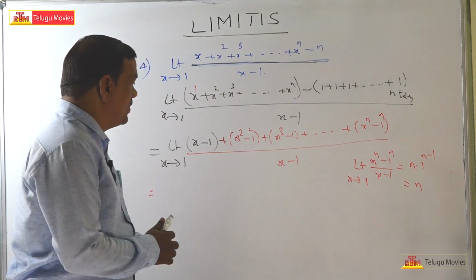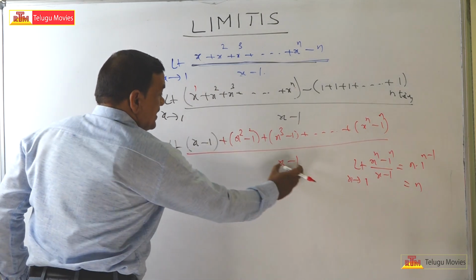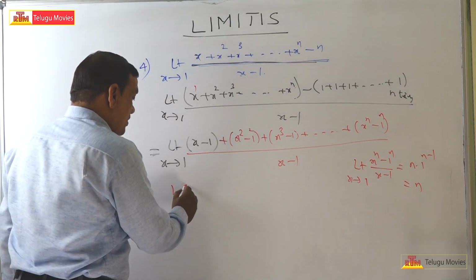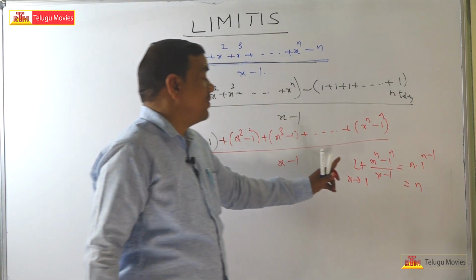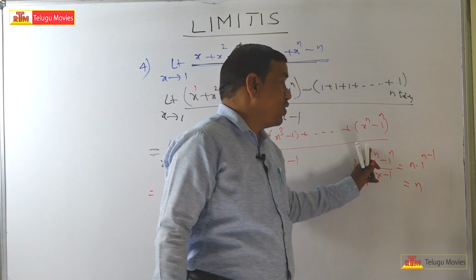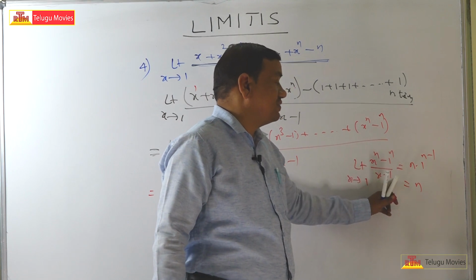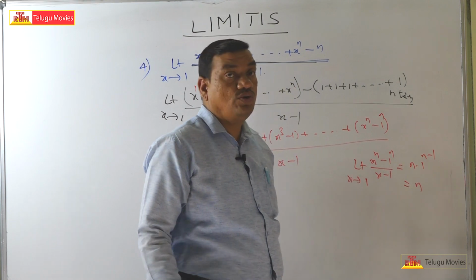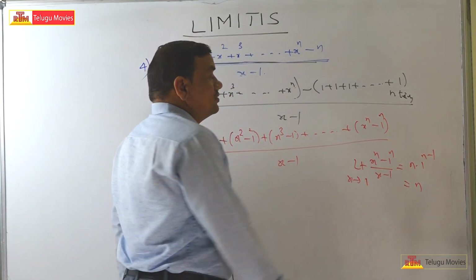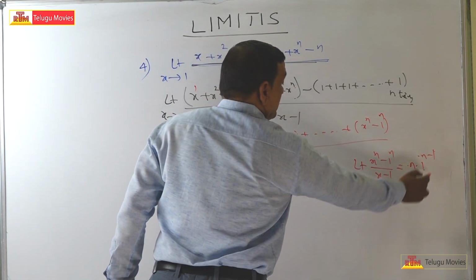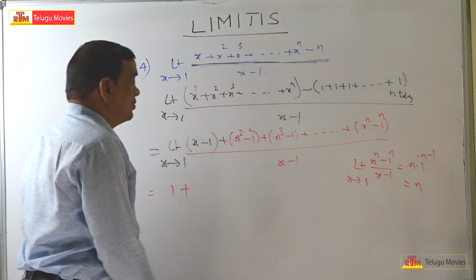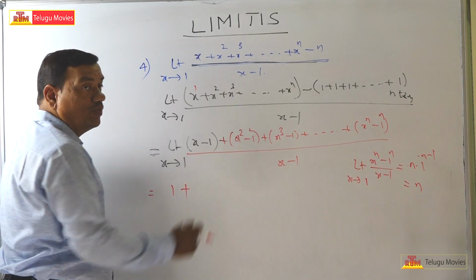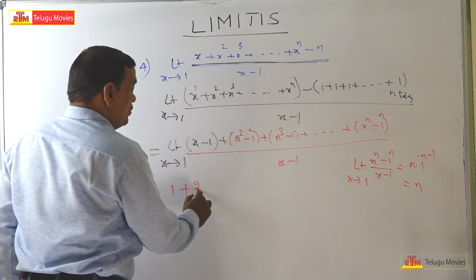Now, let us divide each term by x minus 1. How much are you getting? See here, we have the formula: limit x tends to a, (x power n minus a power n) by (x minus a) is equal to n into a to the power of n minus 1. So for a equal to 1, we get n. Here also, x square minus 1 square means what? 2 into 1 to the power of 2 minus 1, that you are getting 2.